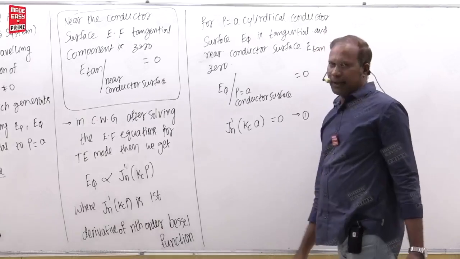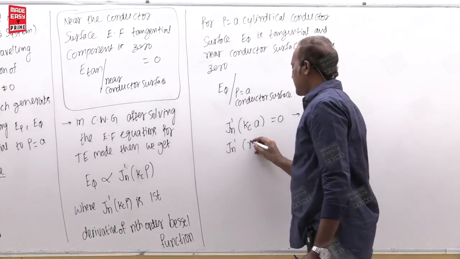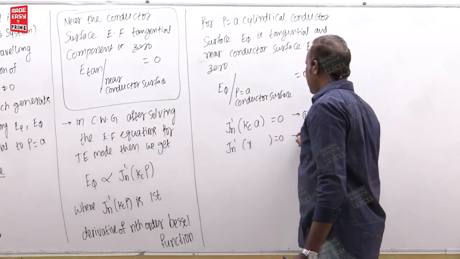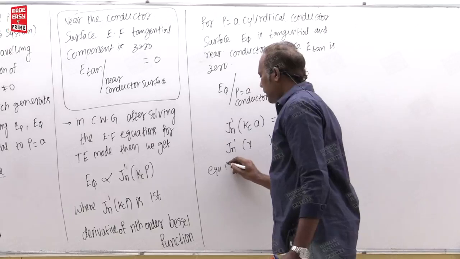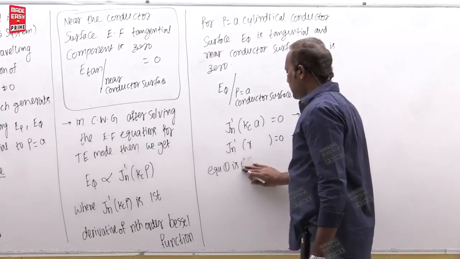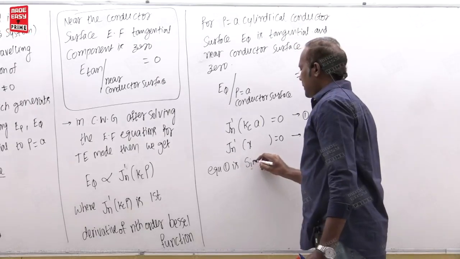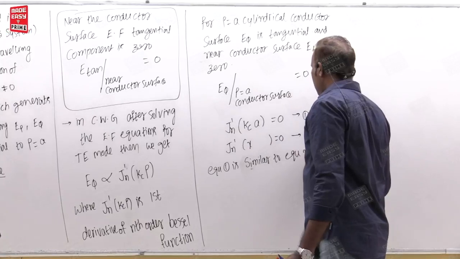This is equation number 1. So this is similar to this Jn dash of x. So equation 1 is similar to equation 2.